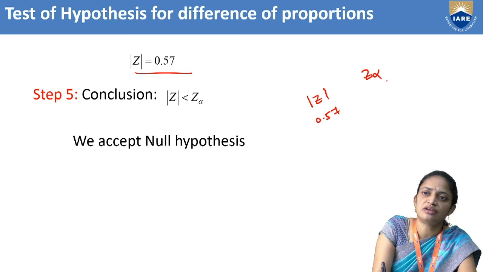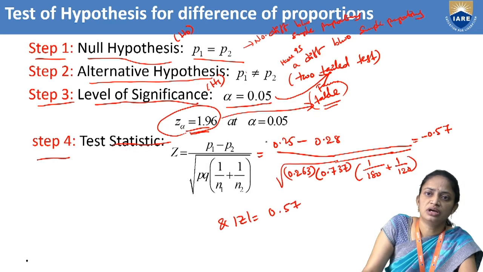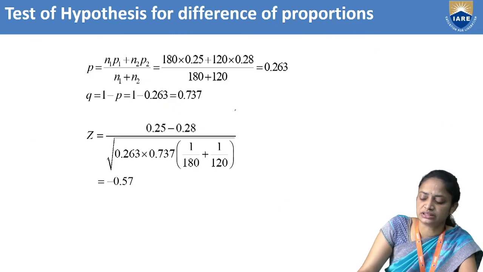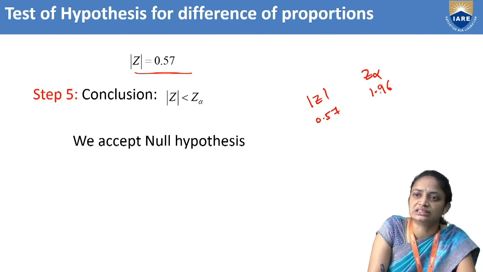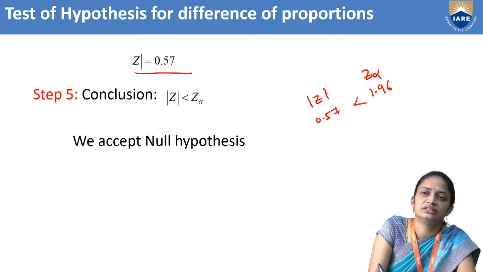And what about Z alpha? We have taken it from the table, so Z alpha is 1.96. Here, is 0.57 less than 1.96 or greater than 1.96? 0.57 is always less than 1.96. That means mod Z is less than Z alpha.